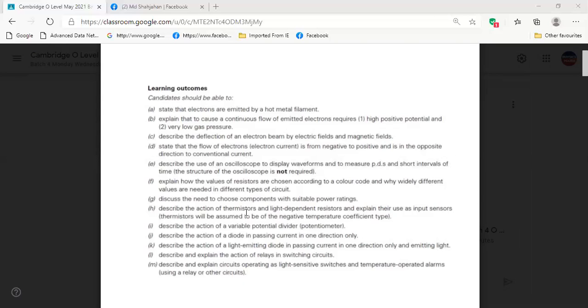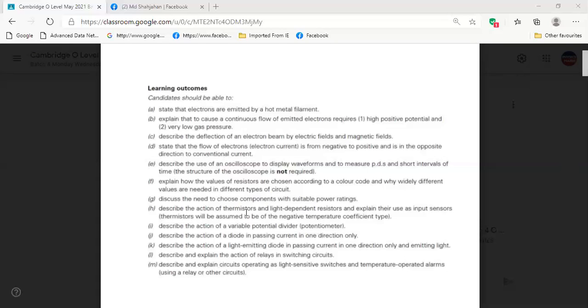Actually, that is not covered in your O level syllabus. We only know that this is how it behaves, but why it is happening is not there. But of course, we can discuss a little bit about that one.